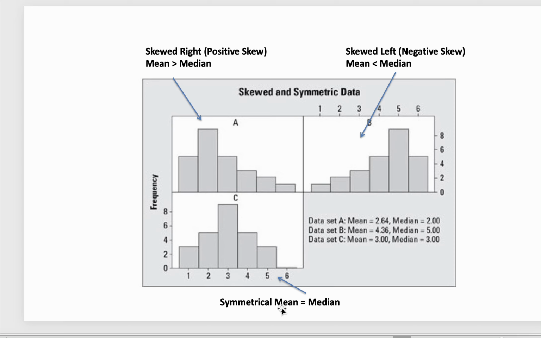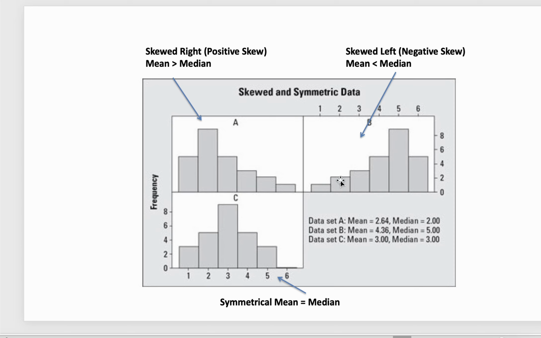And in those cases, the mean and median are the same. So it doesn't matter which one you quote. You could quote the mean, and that would be a good representation. You could quote the median, and that would be a good representation. But maybe not if it's skewed.